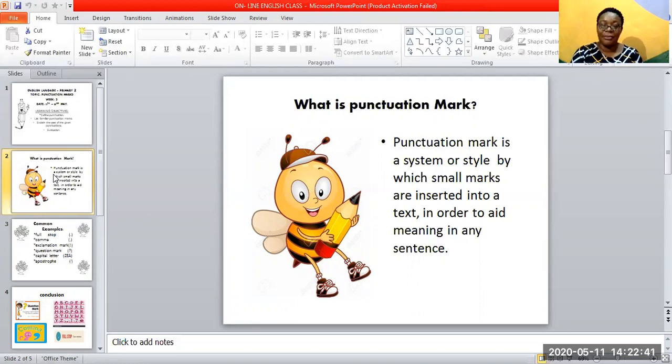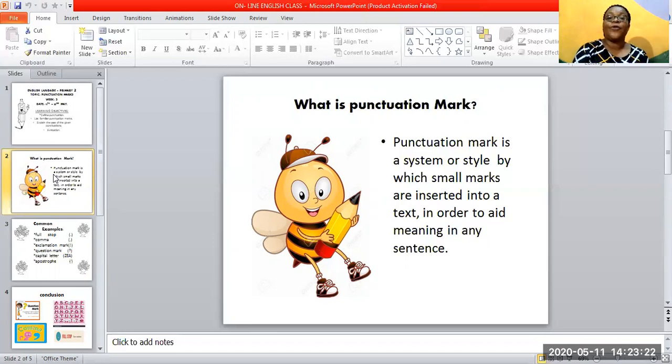Punctuation mark is the correct use of the full stop, the question mark, the capital letters, the comma, the apostrophe, the inverted comma, otherwise known as the speech mark, exclamation mark, and hyphen. Are we good? Do you understand? Beautiful.